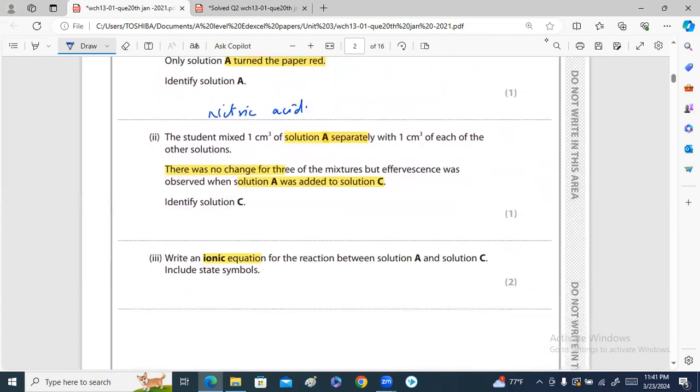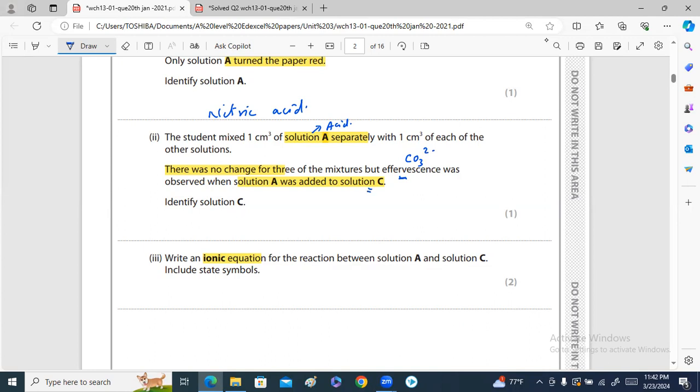Then the next part, the student mixed 1 cm3 of aqueous solution of A, now A is nitric acid, with 1 cm3 of each of the other solutions. There was no change for three of the mixtures, but effervescence was observed when solution A was mixed with solution C. If you have an acid, as I have already mentioned, the acid can produce effervescence with carbonate.